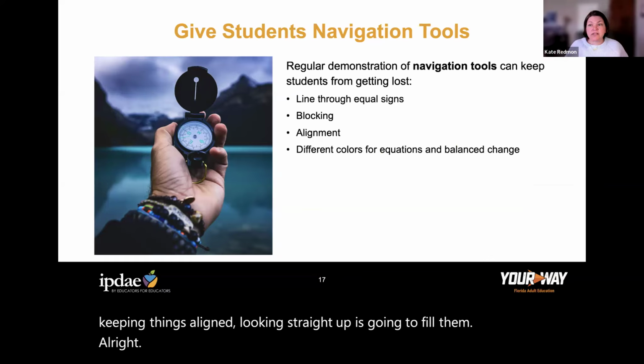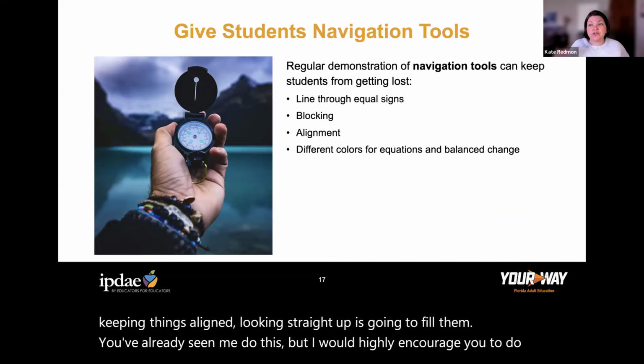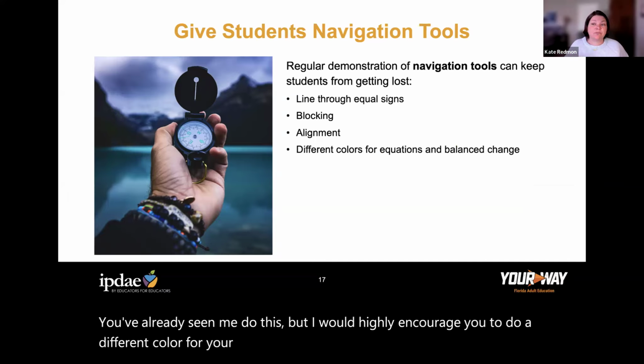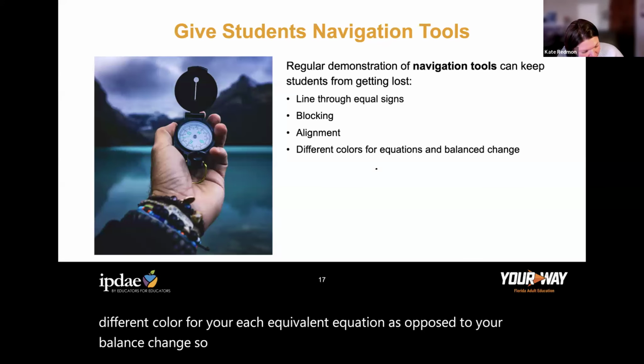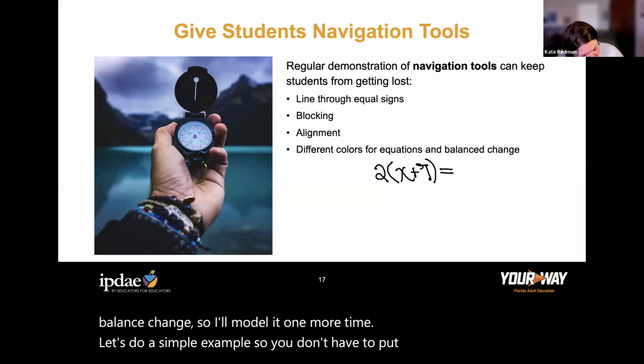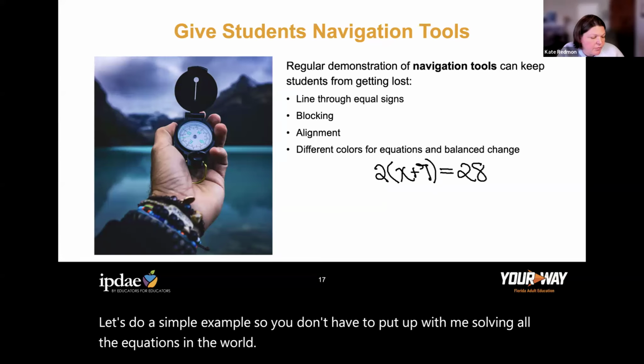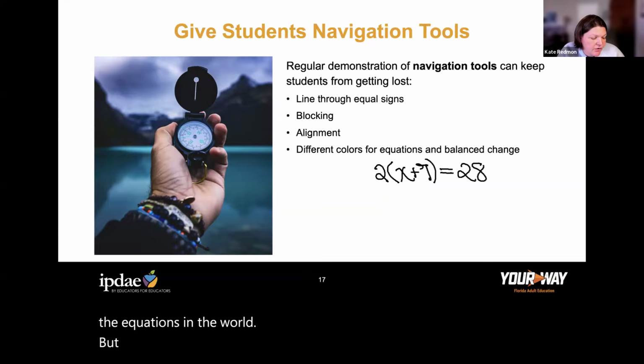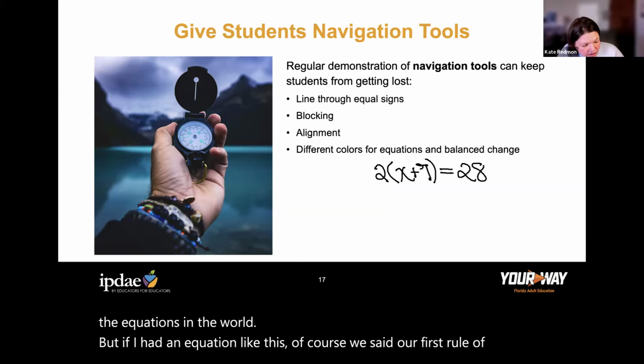You've already seen me do this, but I would highly encourage you to use a different color for each equivalent equation as opposed to your balance change. So I'll model it one more time. Let's do a simple example so you don't have to put up with me solving all the equations in the world. But if I had an equation like this, of course, we said our first rule of thumb is to simplify before we solve.